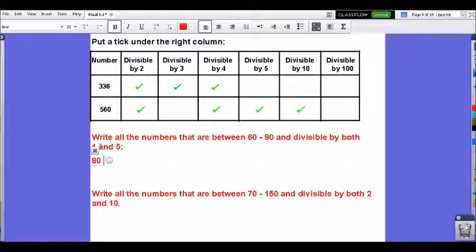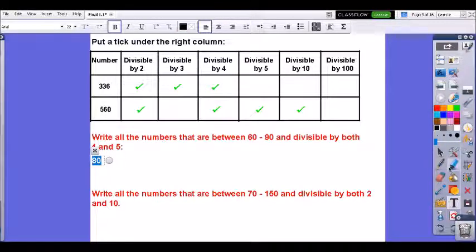But is it divisible by 4? Let's try to divide it twice by 2. 90 divided by 2 is 45. Divided by 2 again? No way, we can't. So 80 is the only number that is between 60 and 90 and divisible by both 4 and 5.